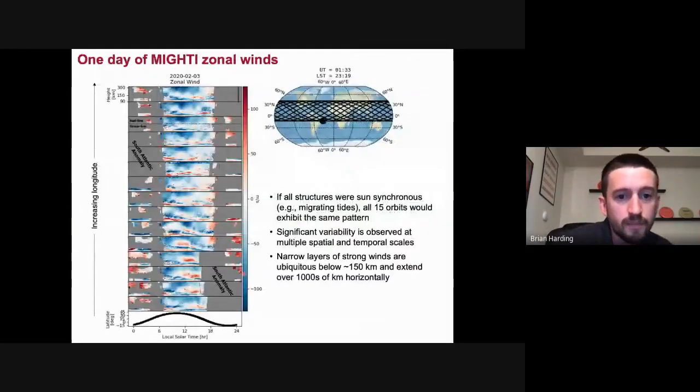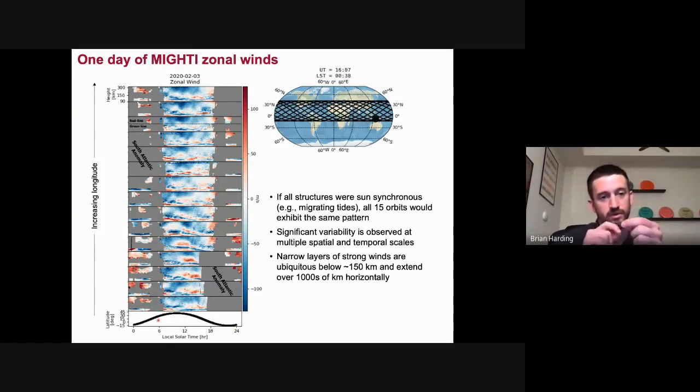Just to show what a day of data looks like, this is one day of MIghty east-west winds. Each row here is an orbit, and it's organized in this way because there are 15 orbits in a day, and each orbit tracks a similar trajectory in latitude and local time.